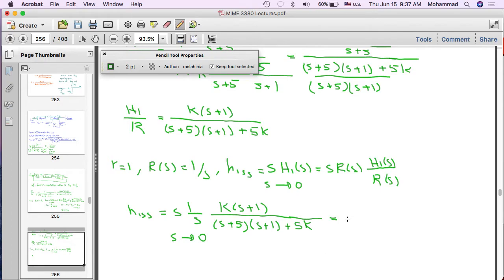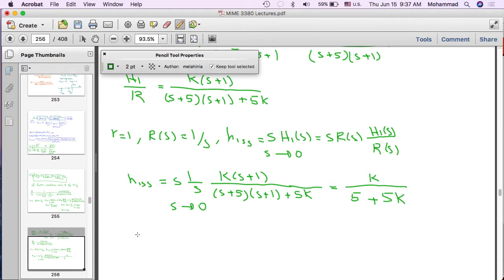What is left is k, and from the denominator you have 5 plus 5 times k. So for example, when k is 1, h1 steady state is going to be 1/10.